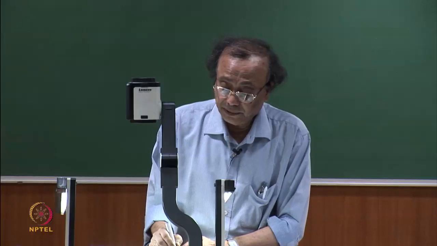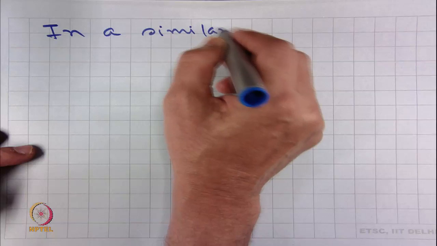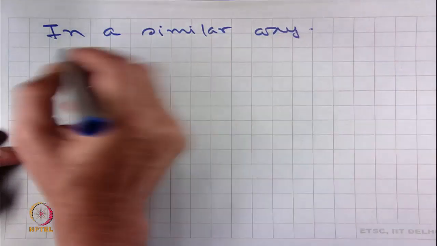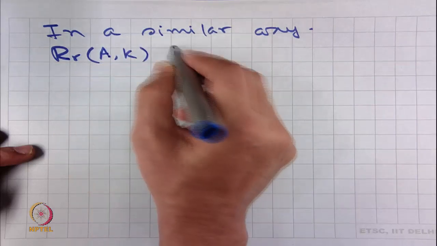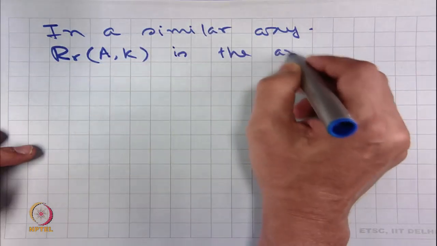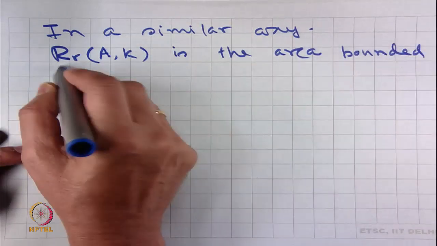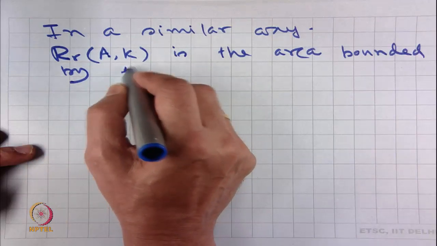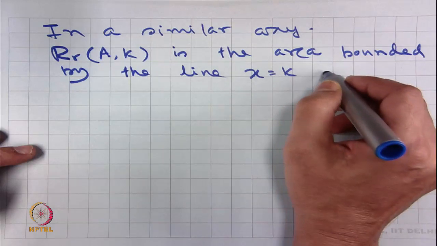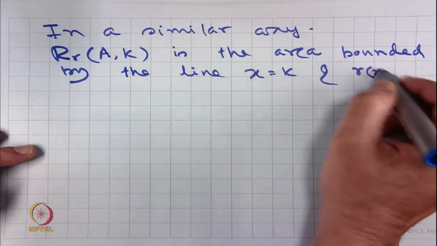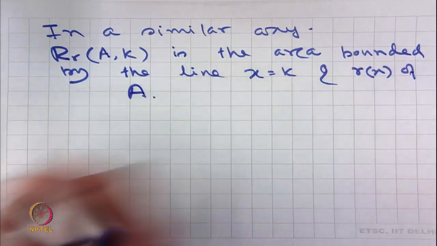In a similar way, R of a and k is the area bounded by the line x is equal to k and Rx, the right hand side of the membership for A.